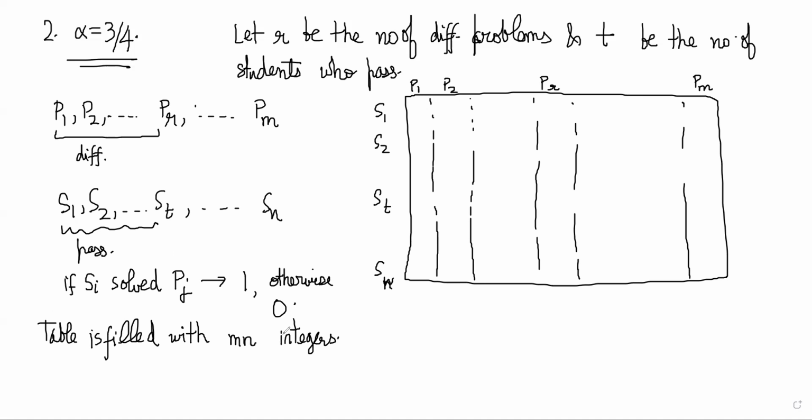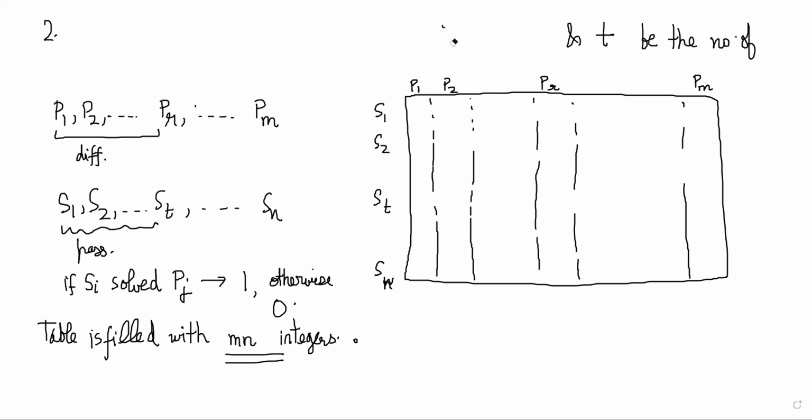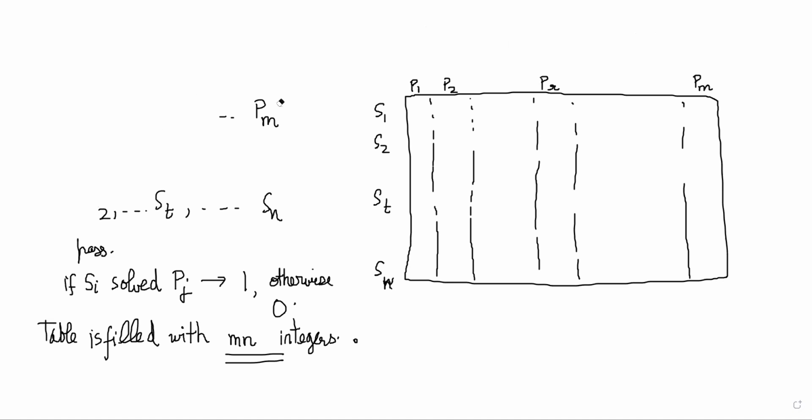Many of them will be 0, some of them will be 1. But there are a total of mn integers in the table, right? And now we'll try to estimate the number of integers in a slightly different way, okay? So we will do it in this way. I will just create some space here.